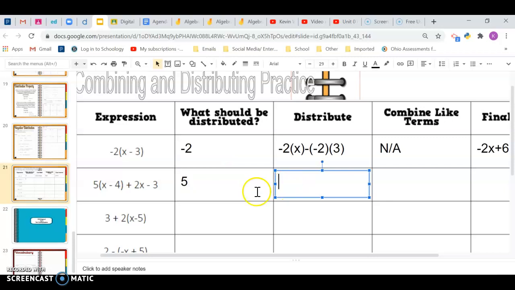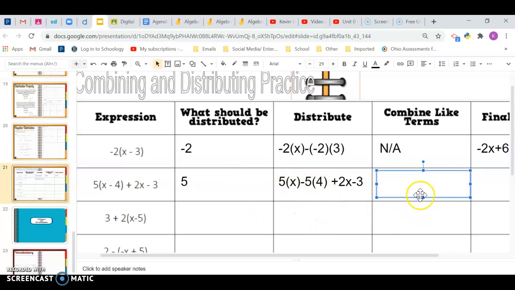So we're going to rewrite now this expression with this being distributed. So we have 5 times x minus 5 times 4. And then whatever we have here is being added to 2x minus 3. All right. So this stuff has us distributing everything here. Now there's going to be some combining of like terms.